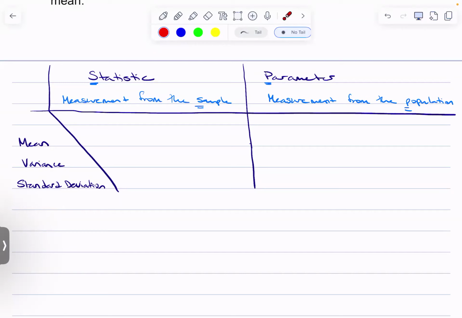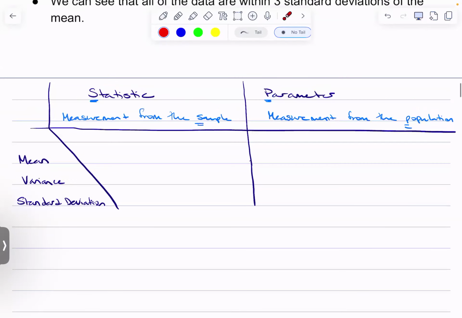So we want to use our sample mean, but the ultimate goal is to learn about the population mean. We saw last day that a sample mean is denoted by x bar, whereas a population mean is denoted by a Greek letter, mu.